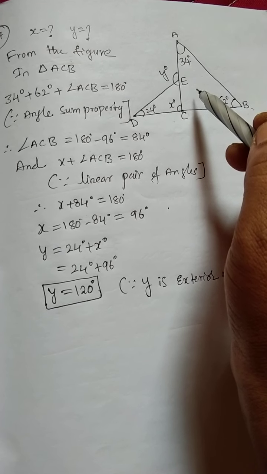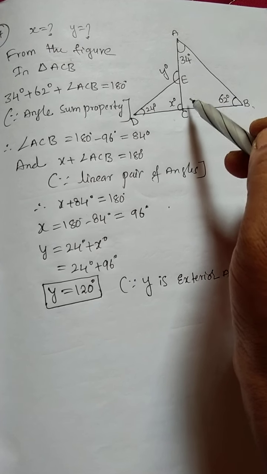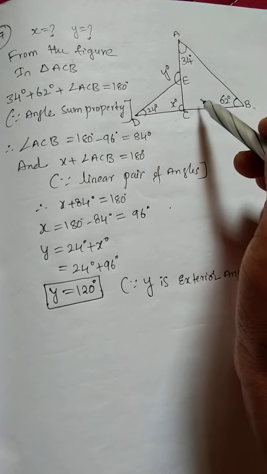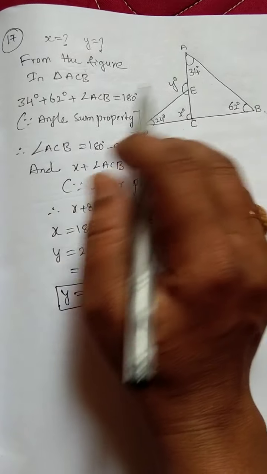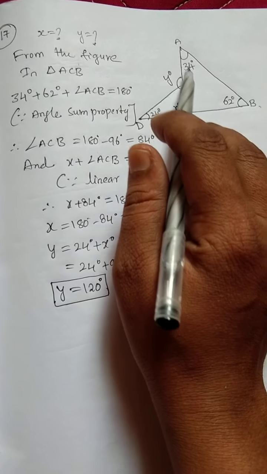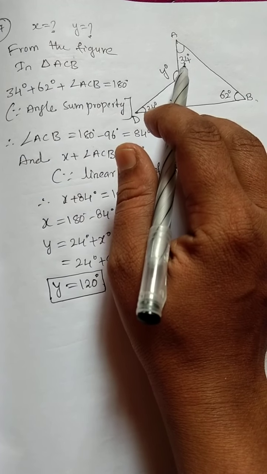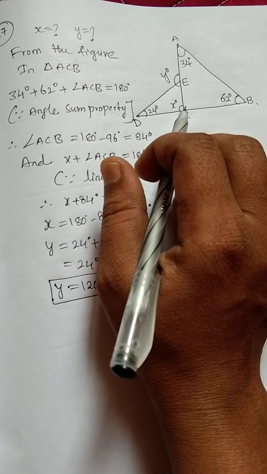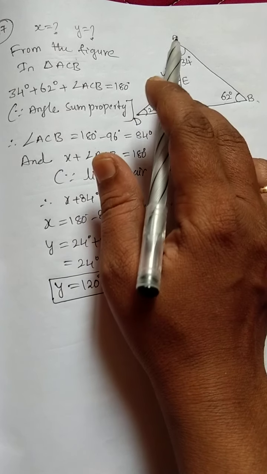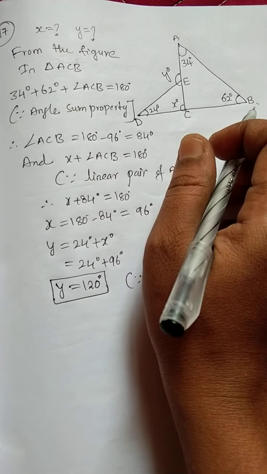What is the angle sum property? The sum of the three angles in a triangle is 180 degrees. See here, what are the three angles in this triangle? This is 34, 62, and this angle we don't know. Yes, angle ACB.